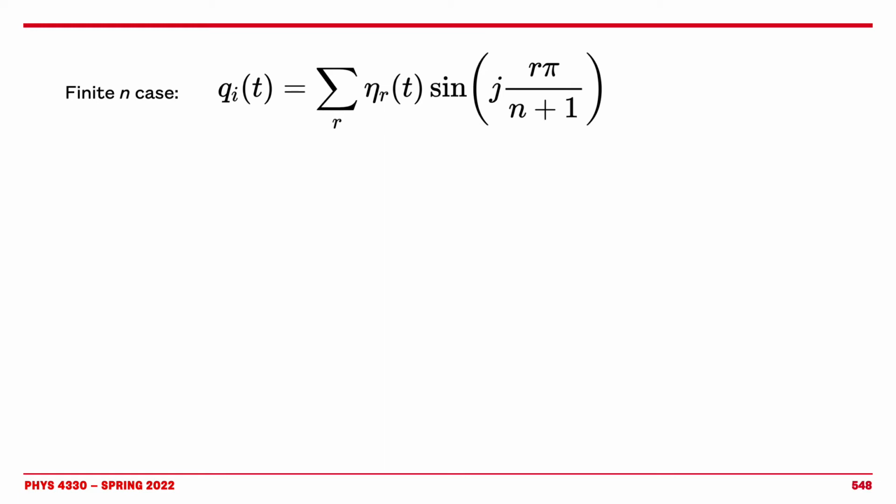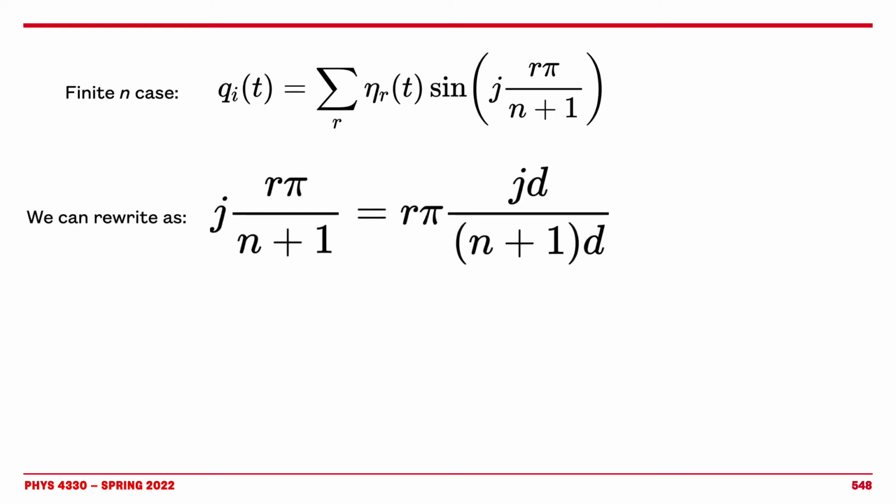Eta r are called the normal coordinates, and we have those results here. In this slide, I'd like to attract your attention that the j should actually be an i here. I'm sorry about this mistake on this slide. It's the index i. So, okay, let's do, the i should be a j, same difference.